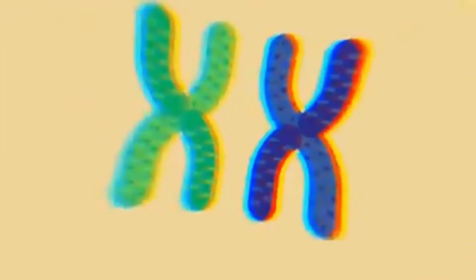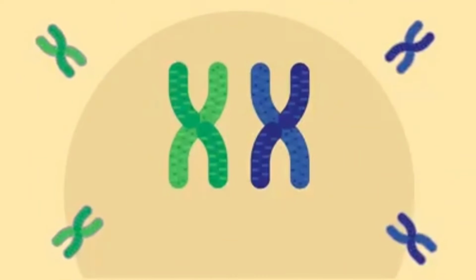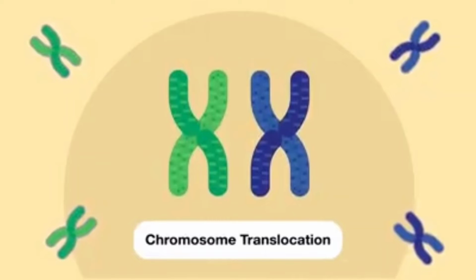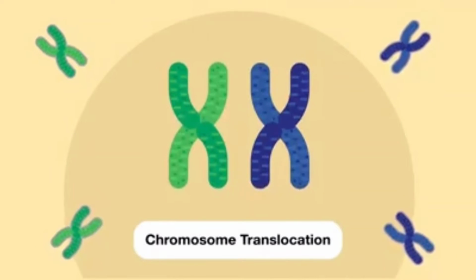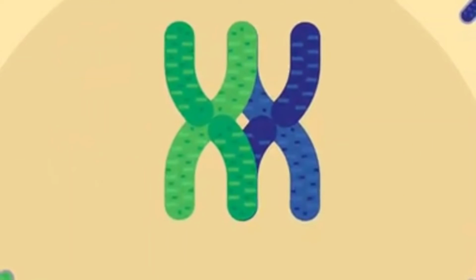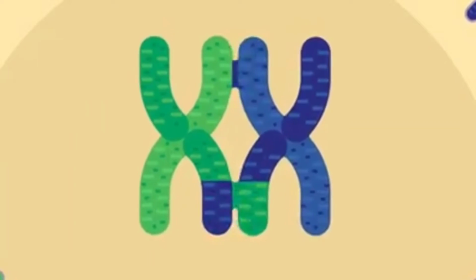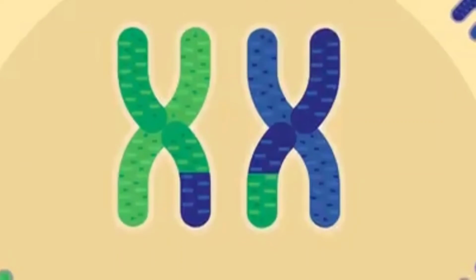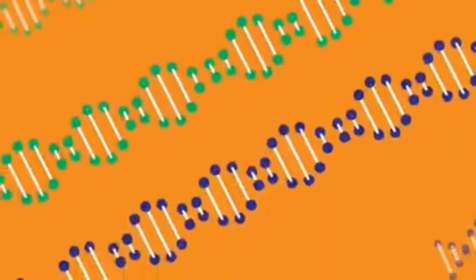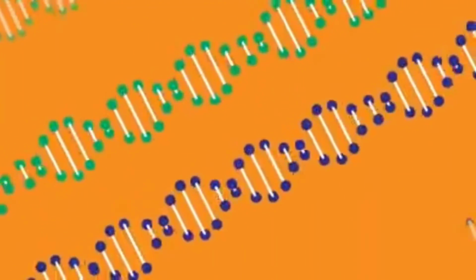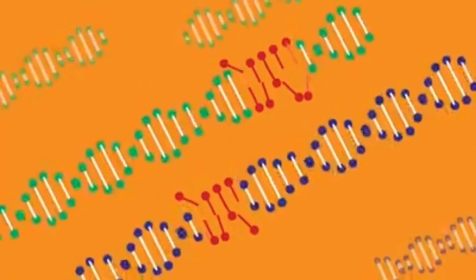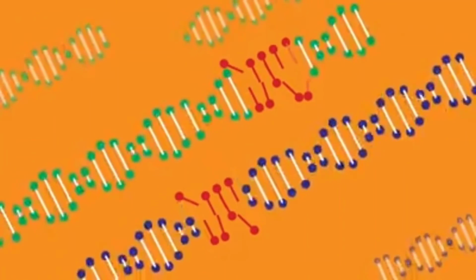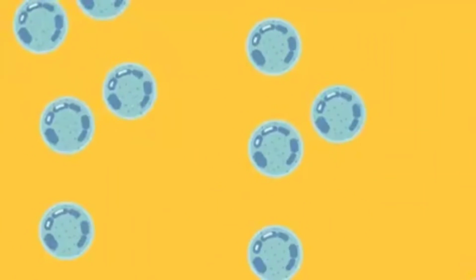One type of change in the cell's DNA that is common in leukemia is known as chromosome translocation. In this process, a portion of one chromosome breaks off and attaches to a different chromosome. Most cases of leukemia are not believed to be hereditary, but certain genetic mutations and conditions can be passed along to offspring that increase the chances of developing leukemia.